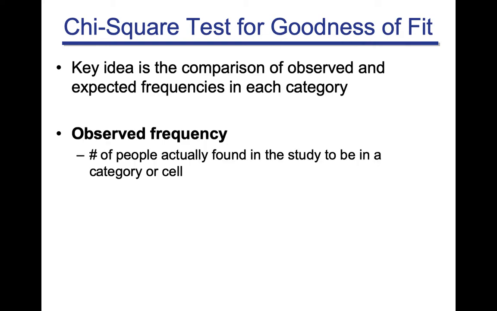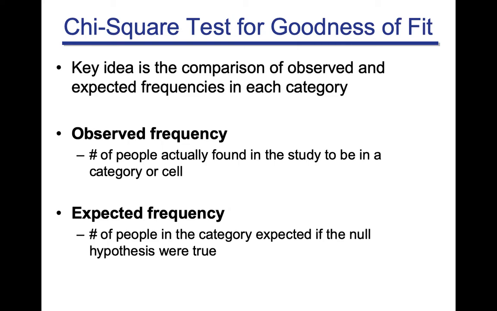An observed frequency is the number of people actually found in the study to be in a category or a cell. I'll be using the word cell to refer to the boxes in the table. I'm going to show you several tables, and in these tables, a box is a cell. That's an important bit of vocabulary.